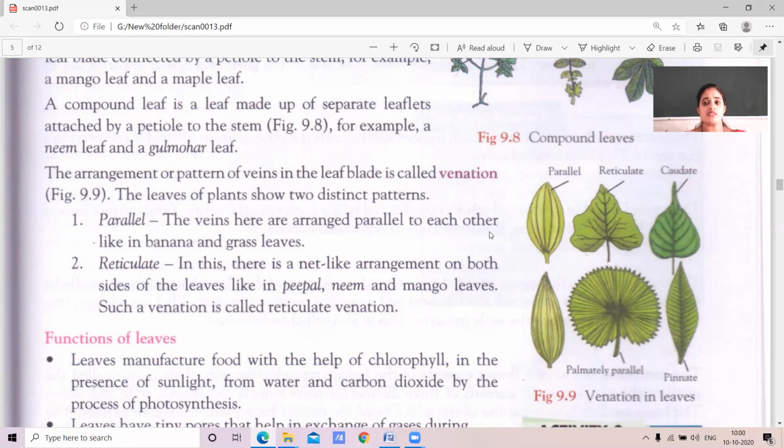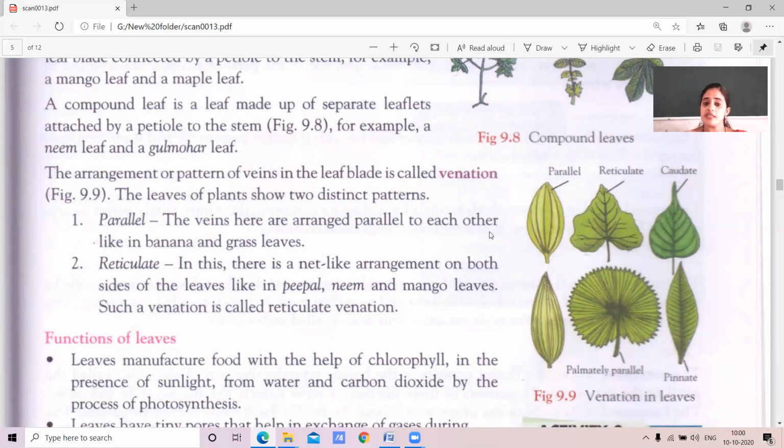Example, banana leaves, grass leaves, sugarcane leaves. Okay. So, if you just tear it, it will tear parallelly. The veins are arranged parallel. The second one is reticulate. In the picture, they are showing the parallel leaves as well as the reticulate leaves.